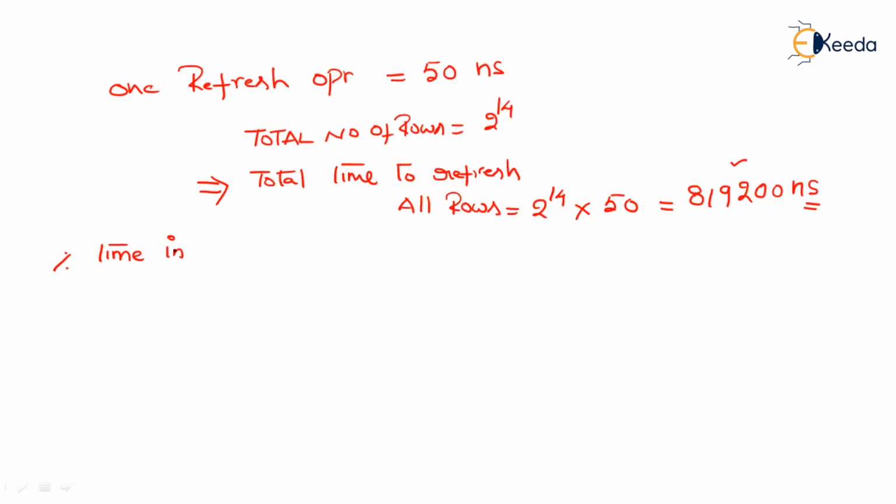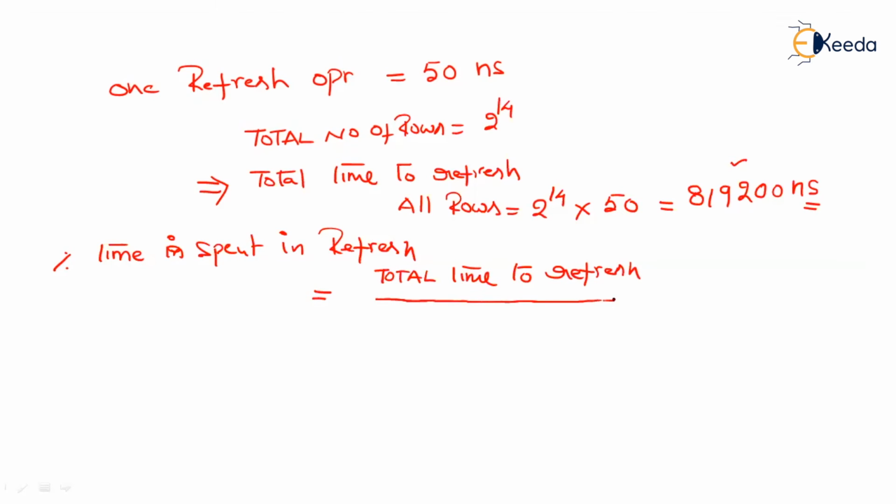The percentage of time spent in refresh is equal to the total time to refresh all rows divided by 2 milliseconds, because for every 2 milliseconds it is being performed, divided by the 2 milliseconds refresh period, into 100.